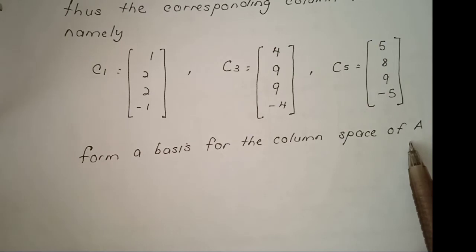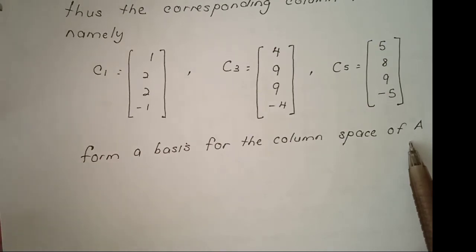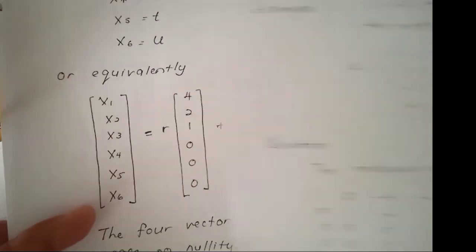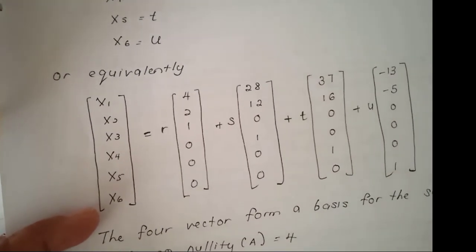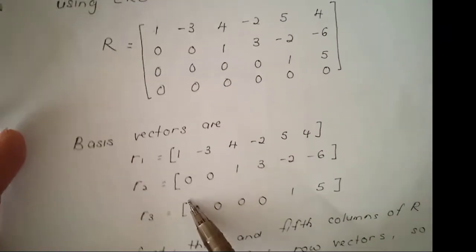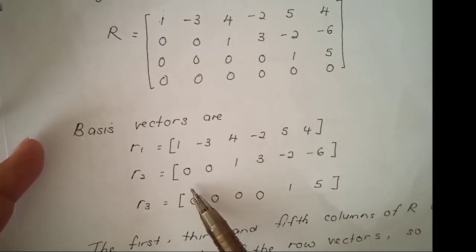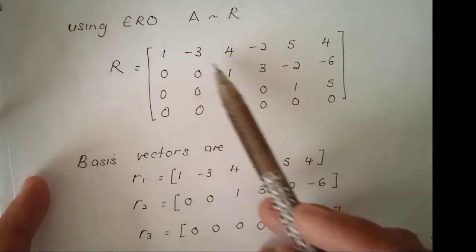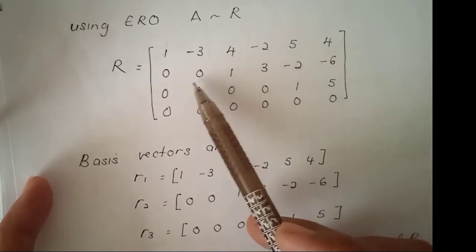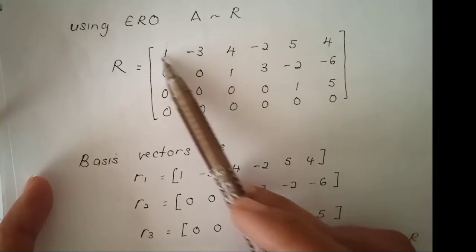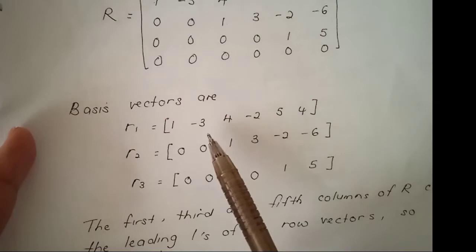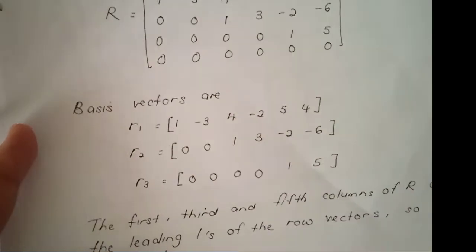So we need to do ERO in order to find the basis for the row space. For the row space, we take the non-zero rows of the ERO form, which are R1, R2 and R3.